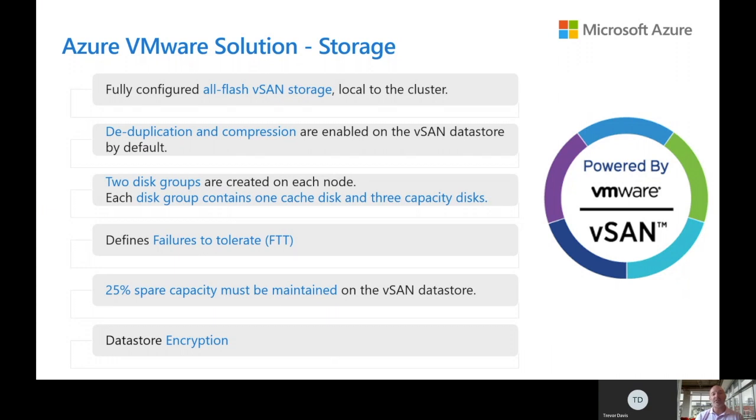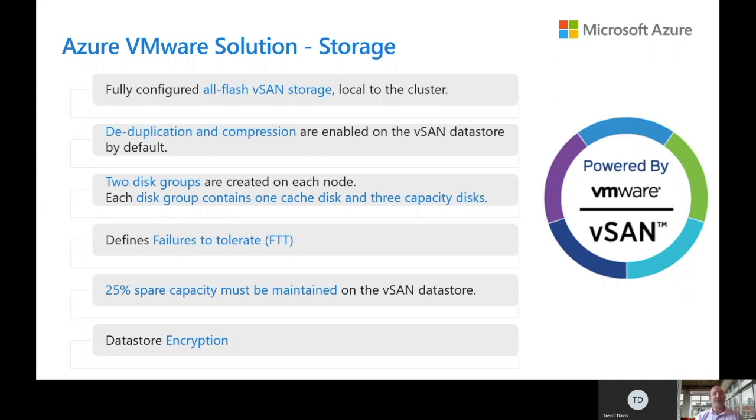So if we do lose a caching disk or any other disk for that matter, the horsepower of the environment doesn't immediately get impacted.